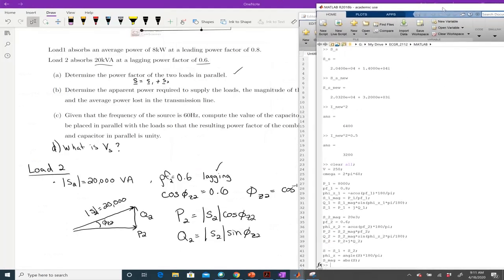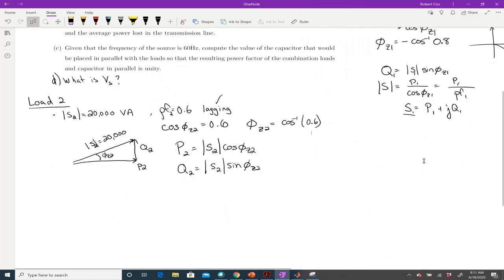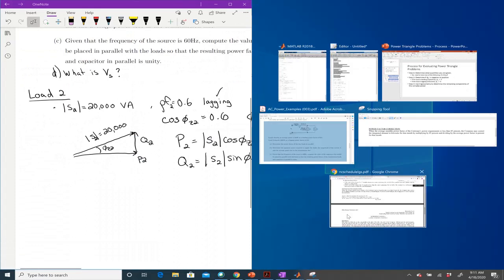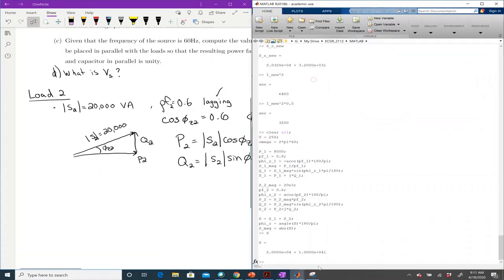And what do I have here? My S vector, which is S1 plus S2, is simply 20,000 plus j10,000.